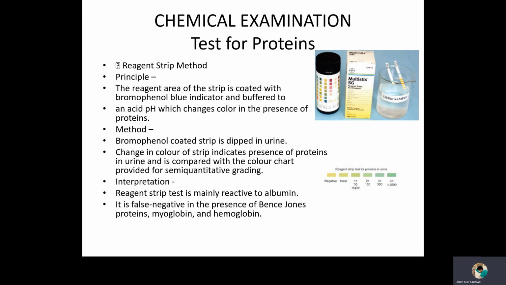It is compared with the color chart provided for semi-quantitative grading and interpretation. The reagent strip test is mainly reactive to albumin. It may give a false negative in the presence of Bence-Jones proteins, myoglobin or hemoglobin.